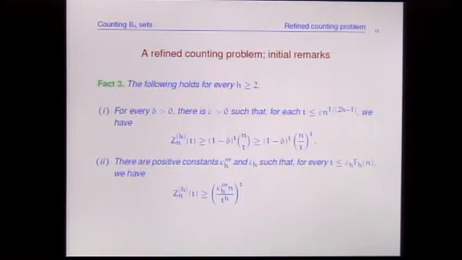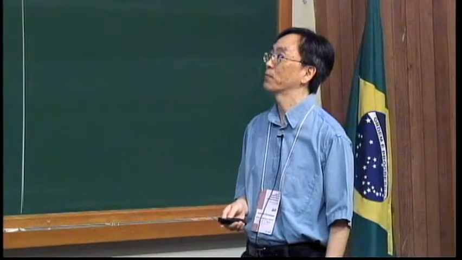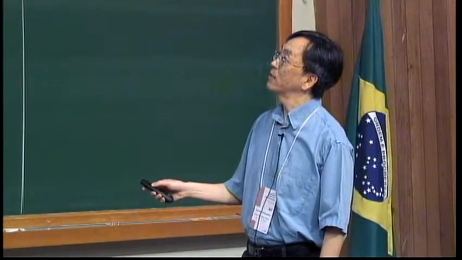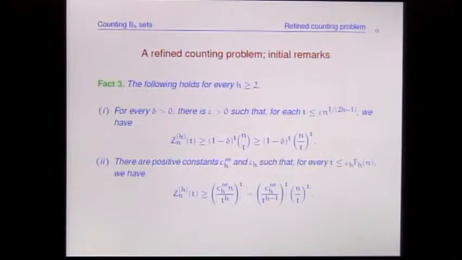We assert a lot less when t is allowed to be bigger, about n to the 1 over h. That's what you can prove. And this is again here just so that we can compare these two numbers. One is exponentially small in t, and the other is exponential in t with a base of the form 1 over t to the h minus 1. So it's a lot smaller.